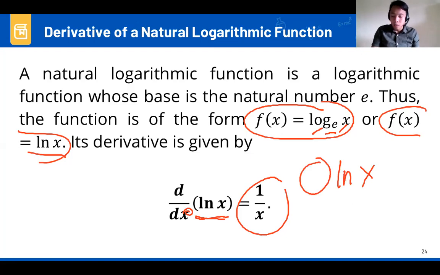So that 1 goes up on top, then just erase ln, and x goes down here. As easy as that. Again, the derivative of ln x is equal to 1 over x.